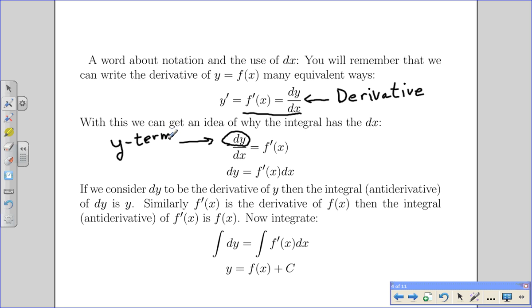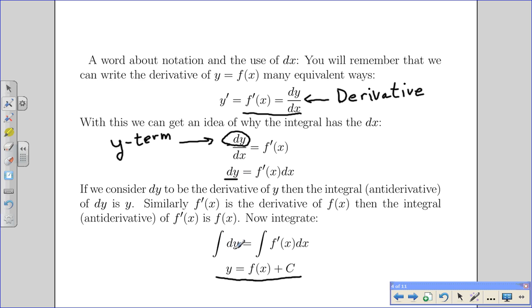And now, you can think of this dy as the derivative of y. In some sense, that's what the d stands for. So dy dx stands for the derivative of y with respect to x. And so if you integrate dy, well, if you do the antiderivative of the derivative of y, you get back to y, and that's down here on the very last line.